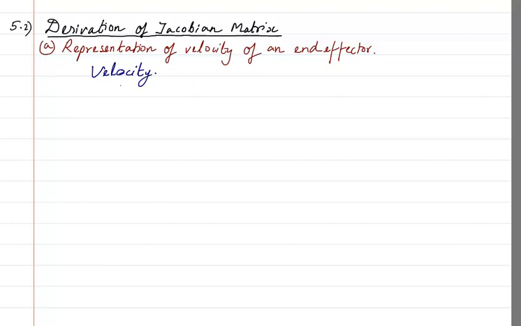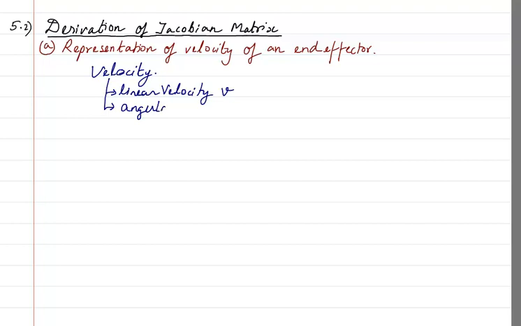First is the linear velocity, and it is generally represented by v. The second is the angular velocity.